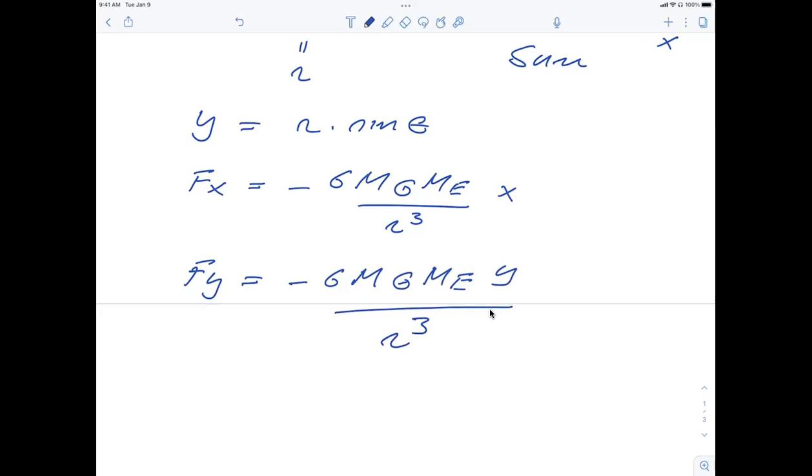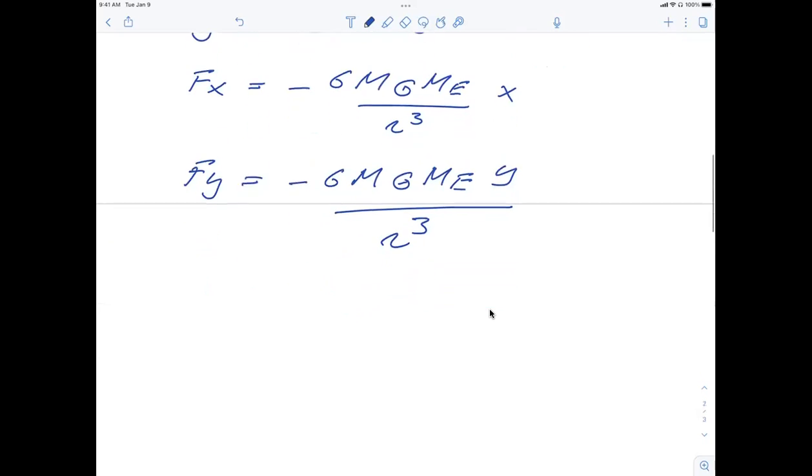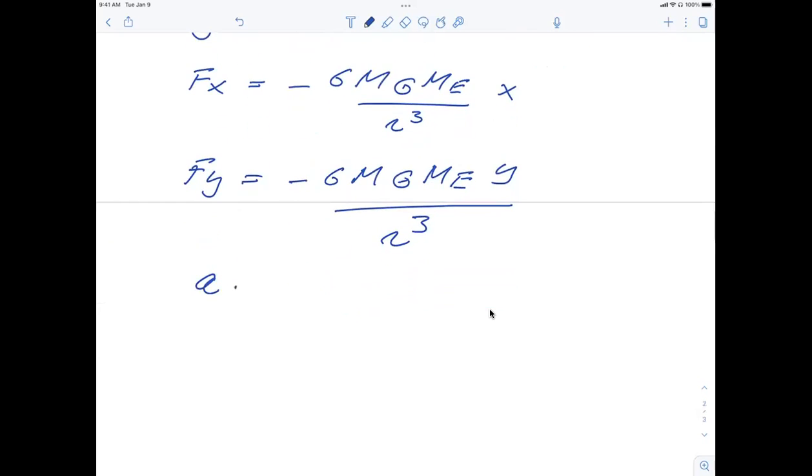That means that when we are setting up the equations of motion, we have an acceleration in the x direction, which is given by minus G times M, the mass of the Sun, multiplied by x, divided by the distance cubed. And this distance now depends on both x and y.